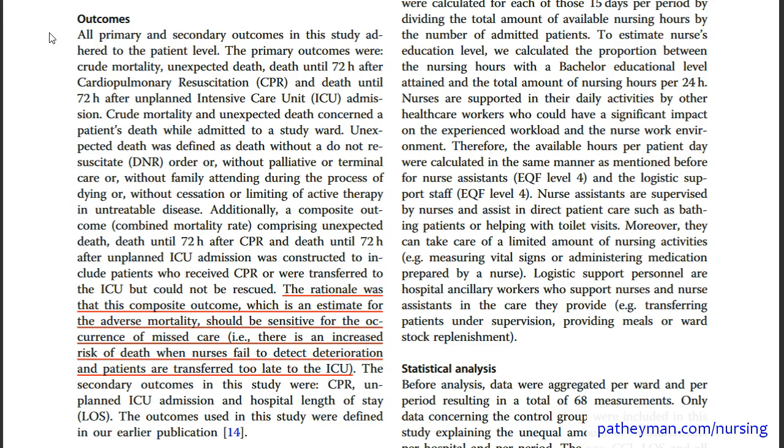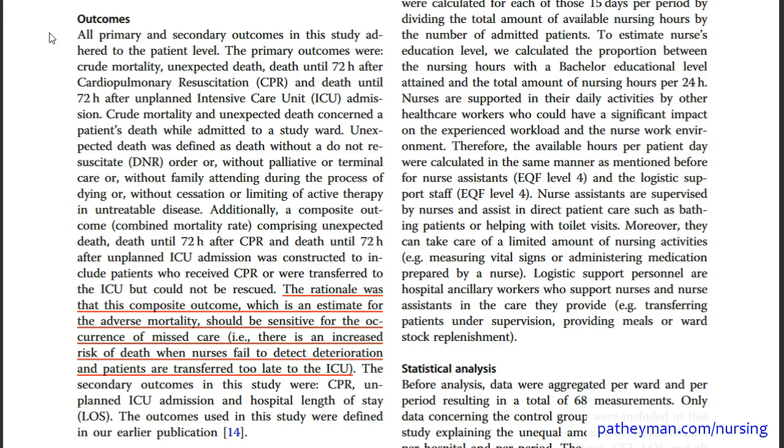And then they also say, additionally, a composite outcome, which is the combined mortality rate, is unexpected death, death within 72 hours of CPR, and death within 72 hours of unplanned ICU admission. So all three of those things together is called the combined mortality rate. And then they actually say why they did that.